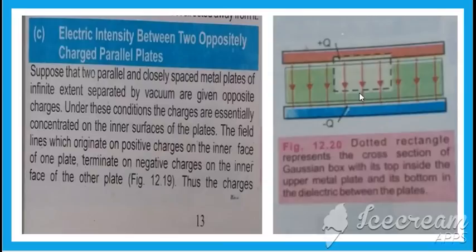So there will be an electric flux through this bottom face, not through the vertical faces and not through the upper face, because electric field lines pass through the bottom face at right angles to it.